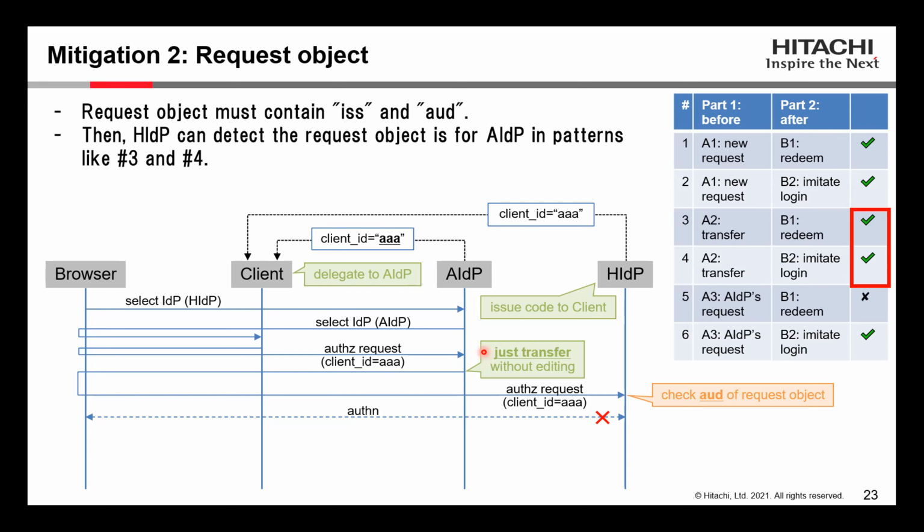However, if HIDP also performs AUD claim check, HIDP can detect the attack. This is because AUD claim includes AIDP, because the request object is originally for AIDP, and HIDP only accepts the request object whose AUD claim includes HIDP, so the attack can be detected.